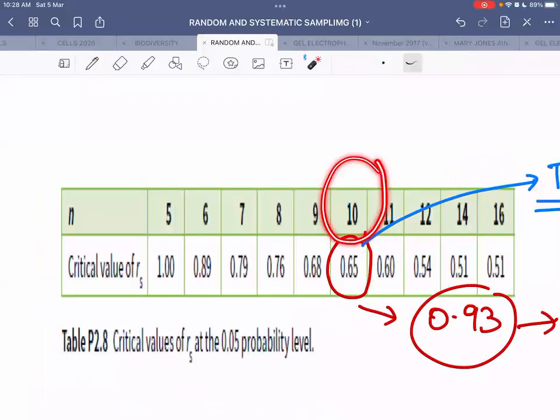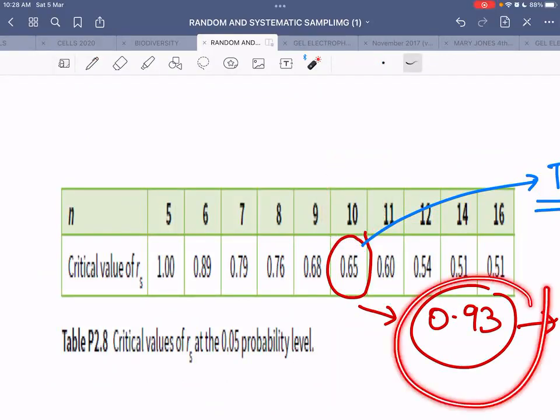Yes. n 10 था ना इस क्वेश्चन में, ठीक है. अच्छा, our calculated value was 0.93. The tabulated value is 0.65. So you ask a question to yourself, is the calculated value more than the tabulated value? Yes.